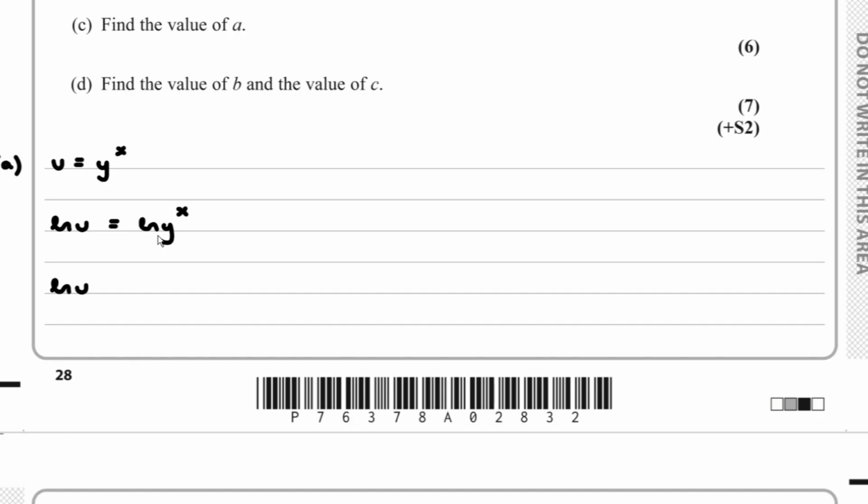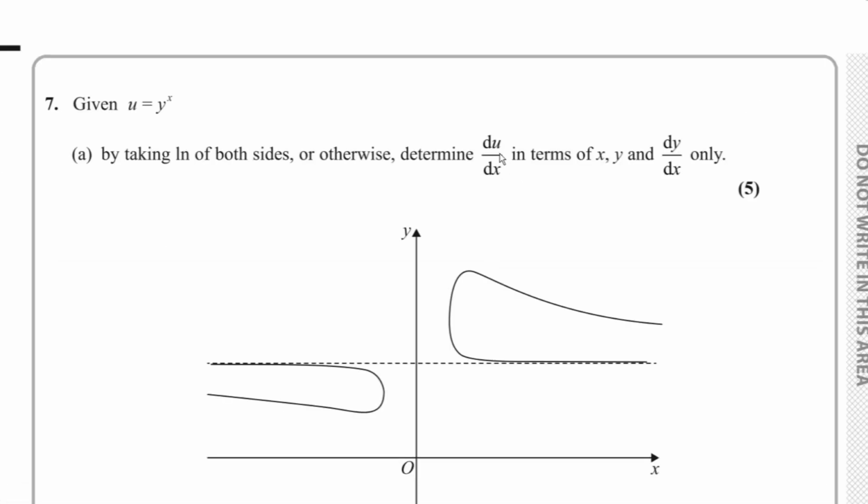And using the power law of logs, we can rewrite the right hand side as x multiplied by the natural log of y. Now in the question, because we need to determine du over dx in terms of x, y and dy over dx only, that means we have to differentiate implicitly.